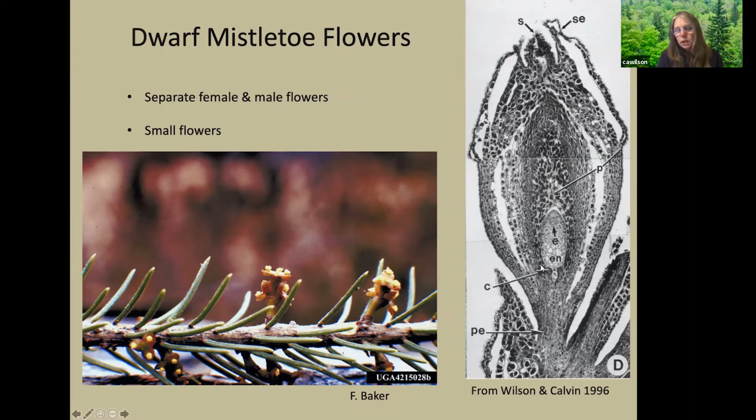I have, instead of a picture, a section through a female flower. So you see the embryo developing here. You see the stigma, what is left of it, and you see the sepals here and the petals. So it is a typical flower, but just very much reduced.